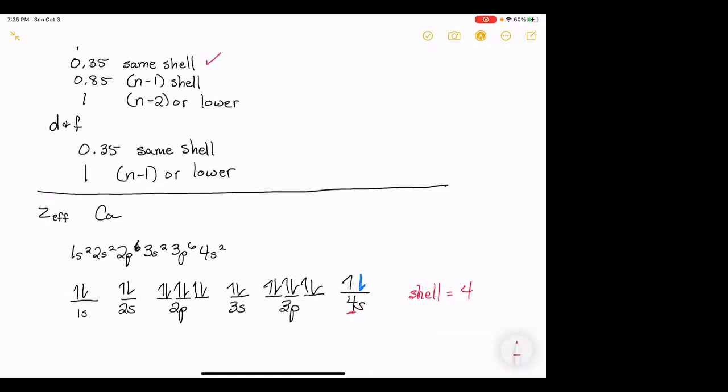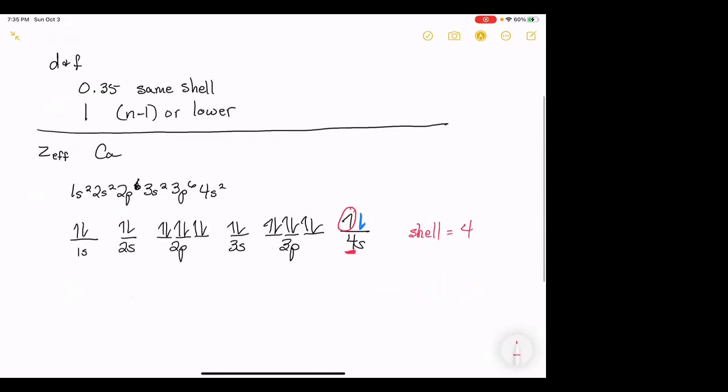The same shell would be 0.35. So anything in the shell of 4 would be a 0.35. So we have 1 electron in the shell of 4. So that would be the 1 times the 0.35.